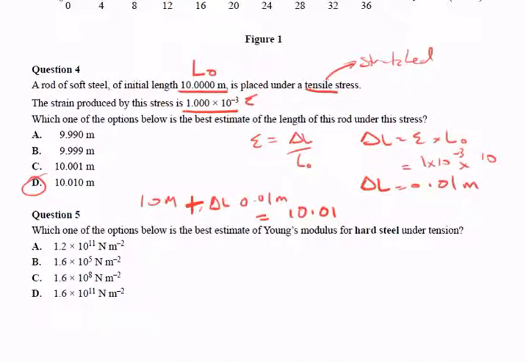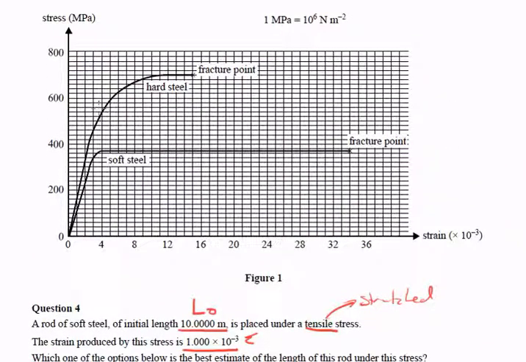Which of the following is the best estimate of Young's modulus for hard steel under tension? Right, Young's modulus is rise over run, or stress over strain. I'm just going to pick any point on here for hard steel, in this straight line section. So I'm going to pick this point right here, which is at 400, halfway between these two here.